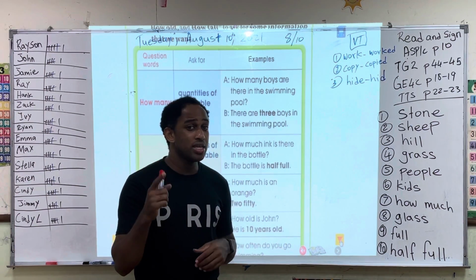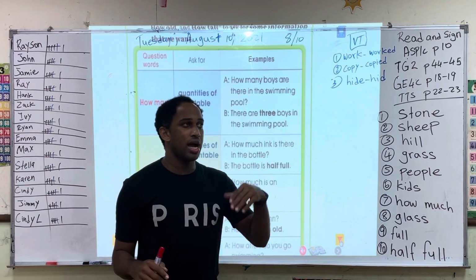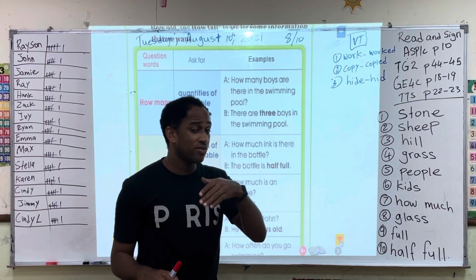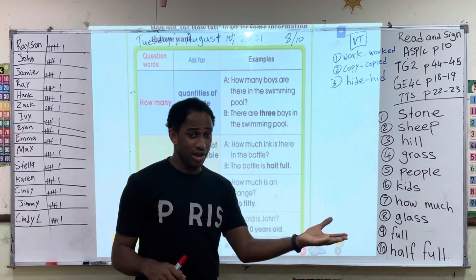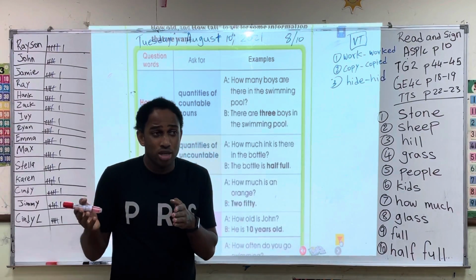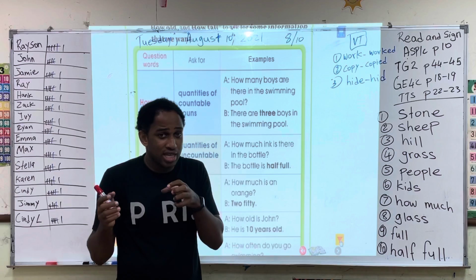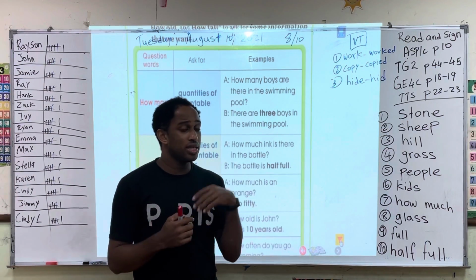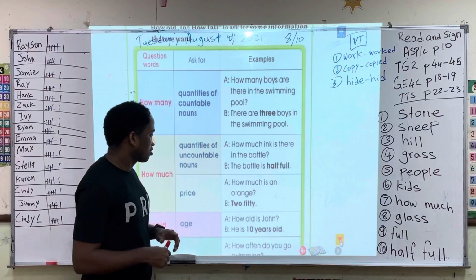Okay, so remember, money is uncountable because you cannot say I have 1 money, 2 money, 3 money. But you can say I have $1, I have $2. You can count dollars. So I have $5, I have $10. You cannot say I have 5 money or I have 10 money. Okay, so money is uncountable.